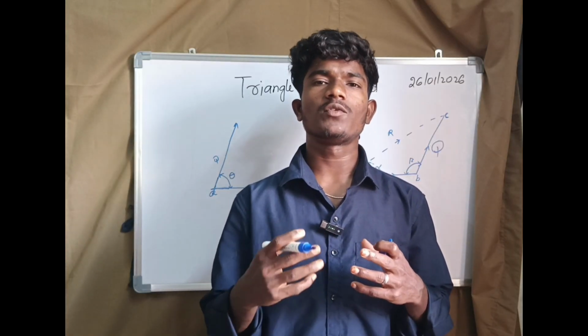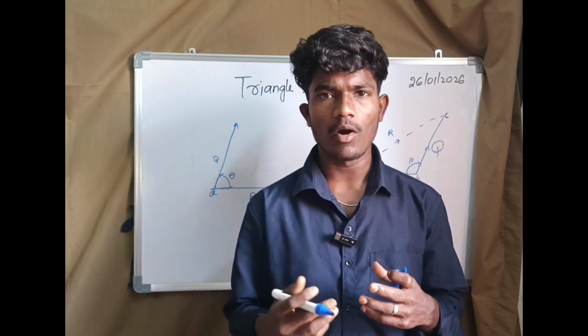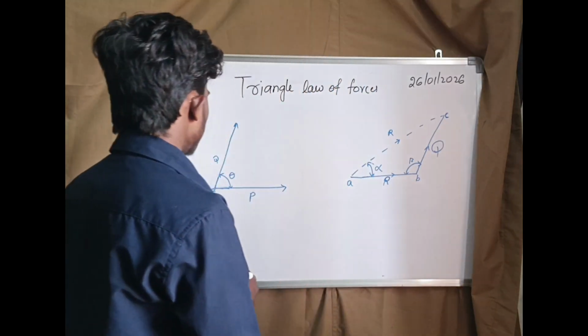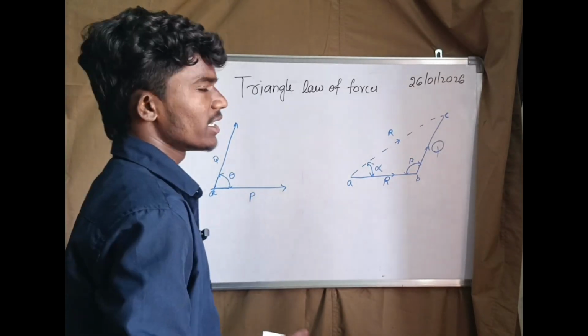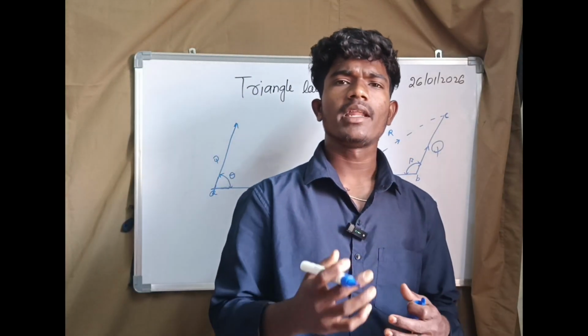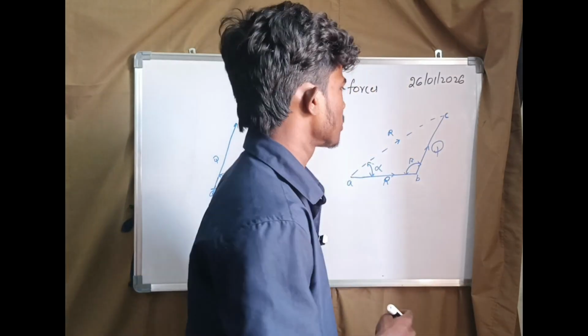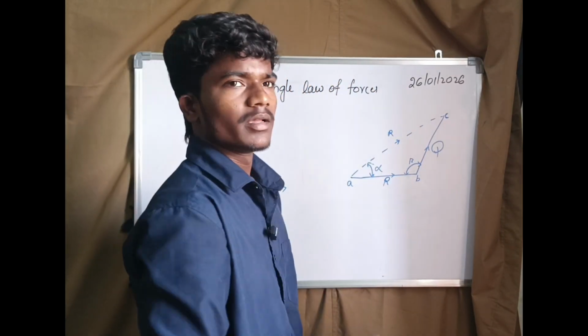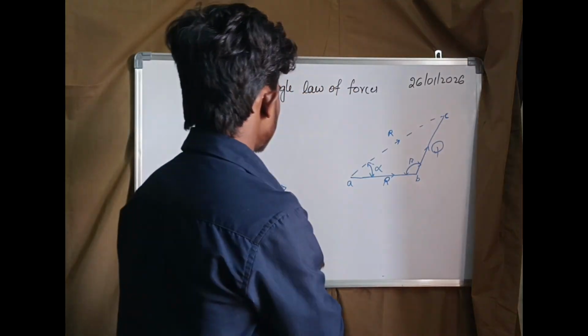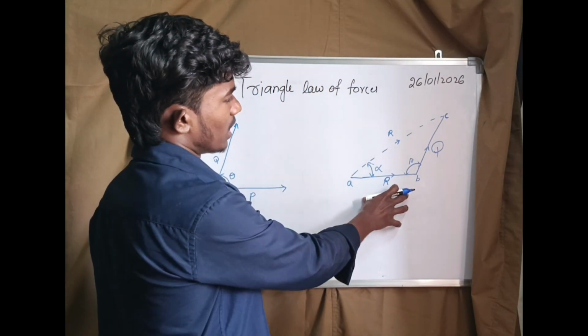Triangle law of forces states that if two forces acting at a point are represented in magnitude and direction by two sides of a triangle taken in order, their resultant is represented in magnitude and direction by the third side of the triangle in the opposite direction.